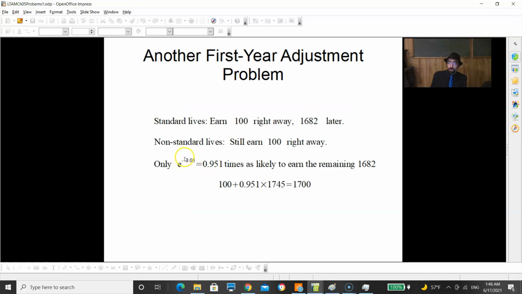But a shortcut is that when you're adding a constant to the force of mortality, notice you're just multiplying your probability by e to the negative that much. So you're 0.951 times as likely to earn the remaining 1682.